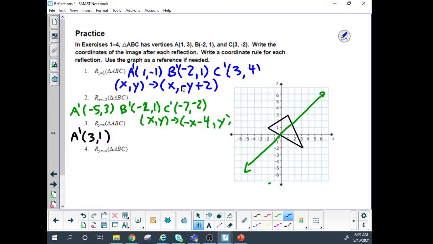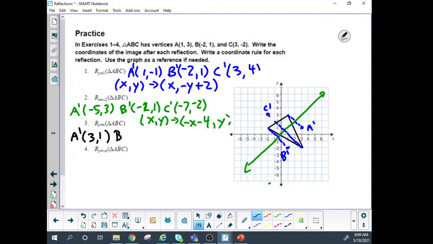Here we'd be counting diagonal distance. I want straight to the other side. And so, erased A, there's A prime at 3, 1. B is 1.5 diagonal, so 1.5 diagonals on the other side would be B prime. And C is 2.5 diagonal, so a half, 1, 2, and there's C prime.